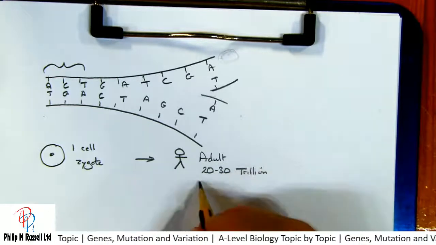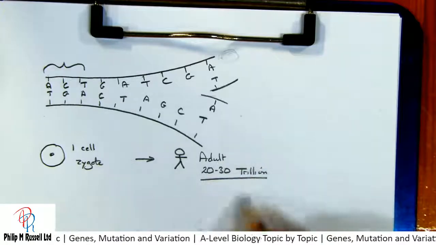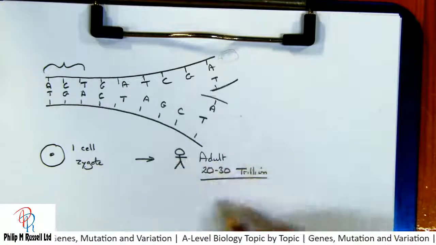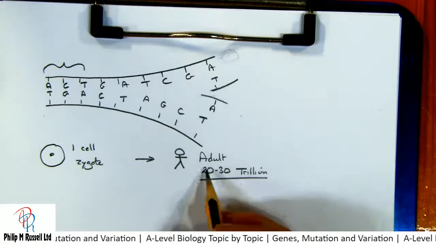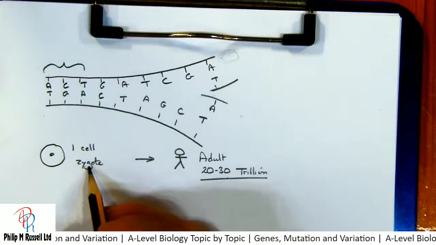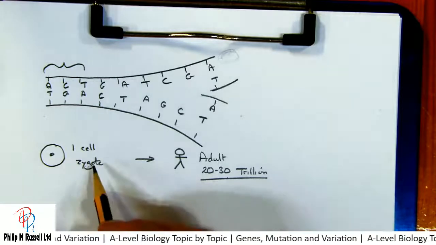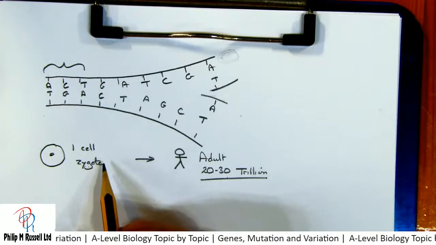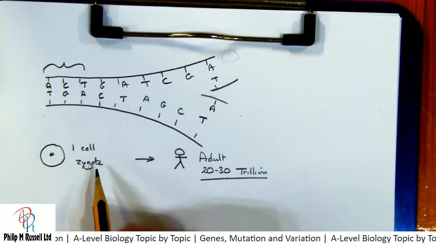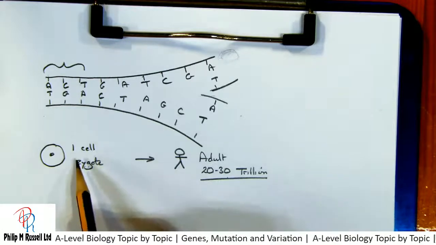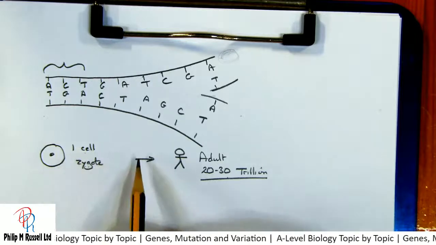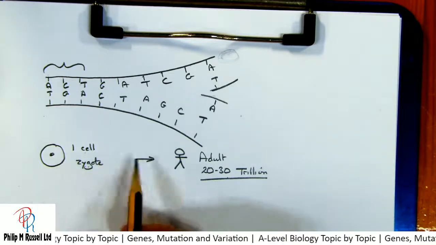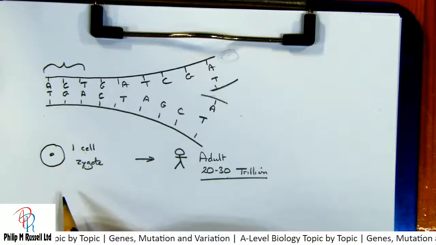I don't think anyone really knows exactly how many, but it's of that order. All of these are identical. This means that when the DNA copies, it's very precise. Every time it copies, it doesn't make a mistake.